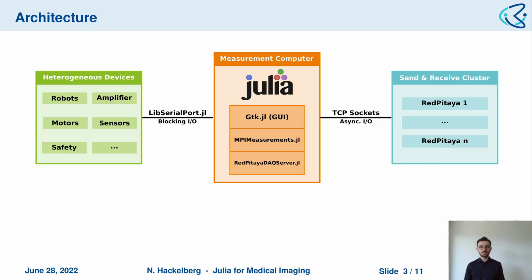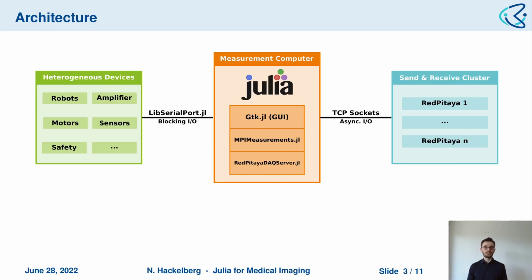And the second group is our send and receive cluster, which handles our signals. And this uses repeaters, which are low-cost specialized computers, which can each handle two input and two output signals. And for these we wrote an open source software stack called Repeater Data Acquisition Server. And this stack offers communication over TCP/IP and also includes the Julia client, which we use in MPI measurements to configure these devices and also to receive the samples they generate.